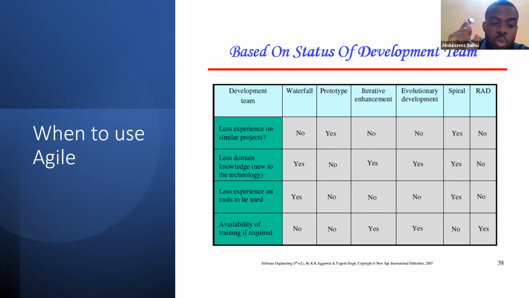You use waterfall for such a project, you spend months, if not years, only for people to come and say, this is not what we want. Come on. So when you have a development team that is less experienced on a particular project or product, don't use waterfall. Those are good candidates for Agile.